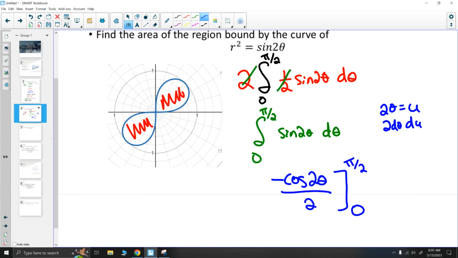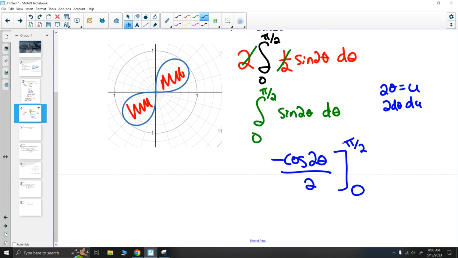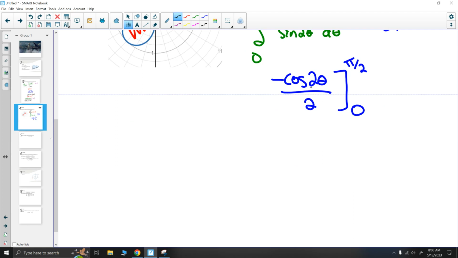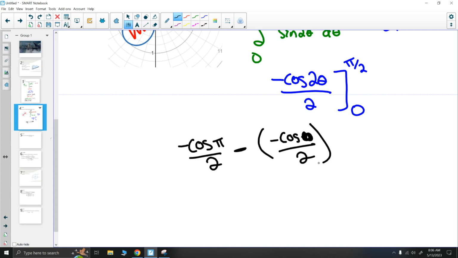This was u sub. So we're taking this from pi halves to 0, plugging them into this. So pi halves, this is negative cosine of pi, since 2 times pi halves is just pi, all over 2, minus negative cosine of 0 over 2.